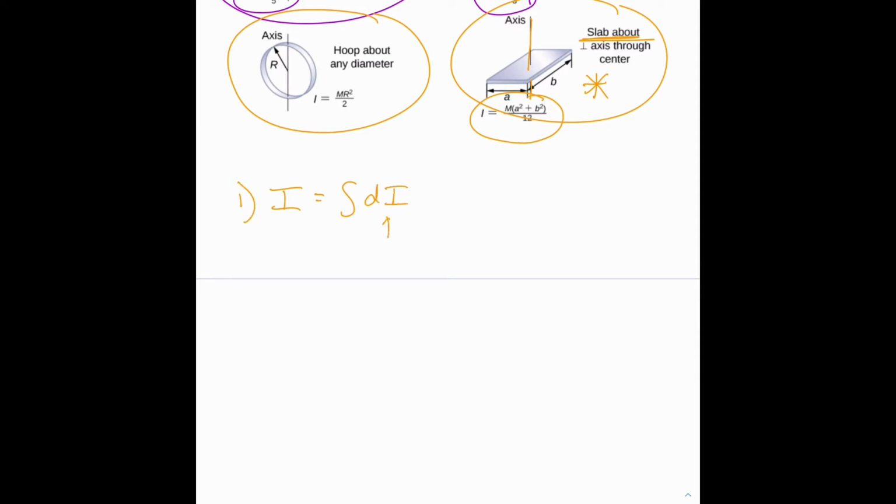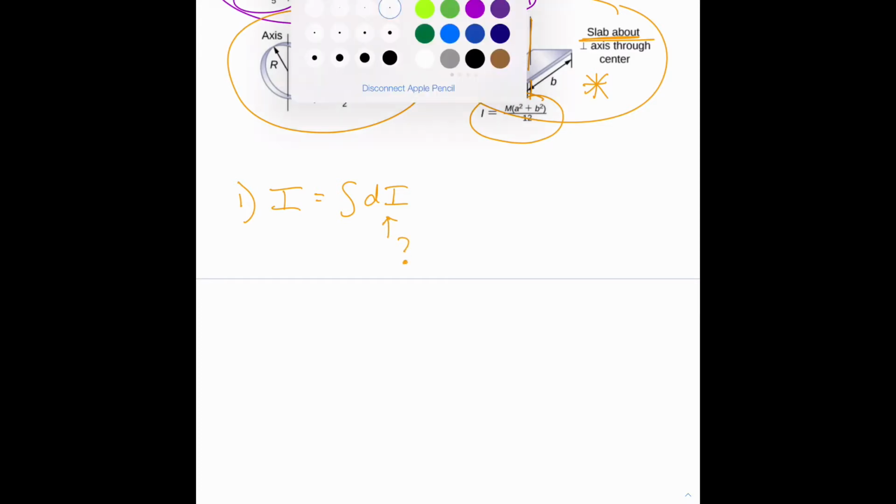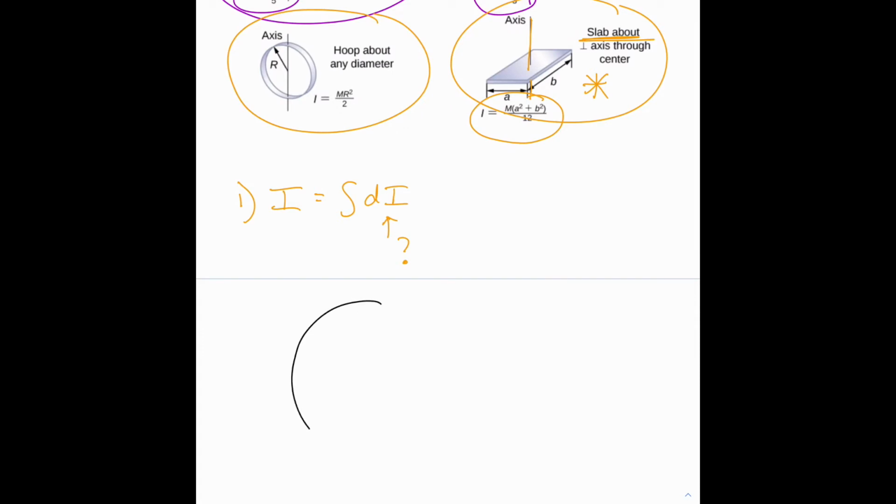Now, what do we mean by di? Well, think of it like this. We already found that for a spherical shell, I is equal to 2/3 mr squared.